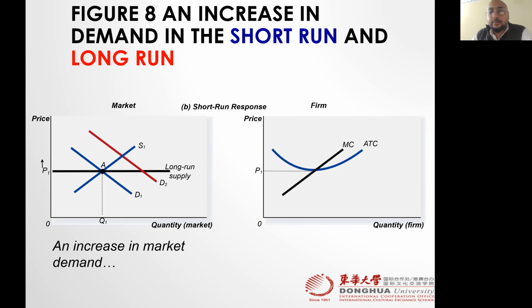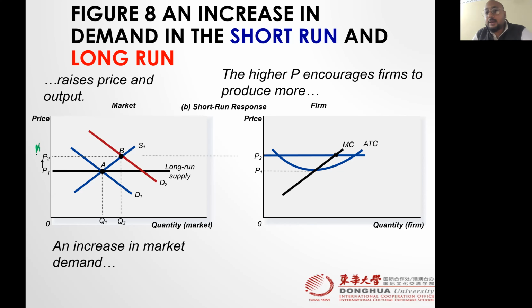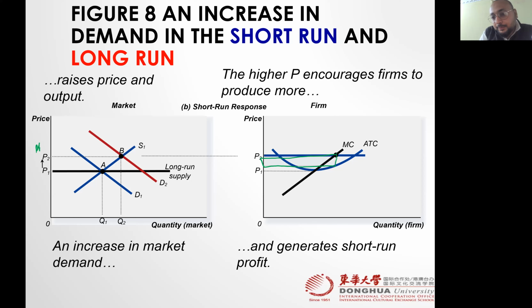Now what happened? Demand increases, causing a rise in price. The rise in price triggered the entry condition. Price is above the average total cost. So in the short run fluctuation in the market, firms are earning this much profit.